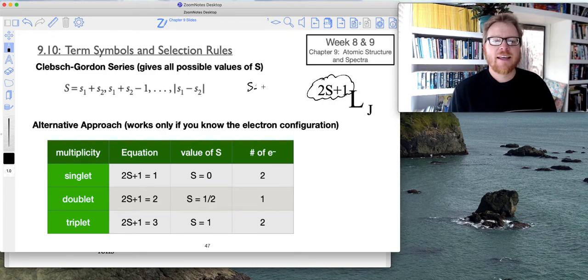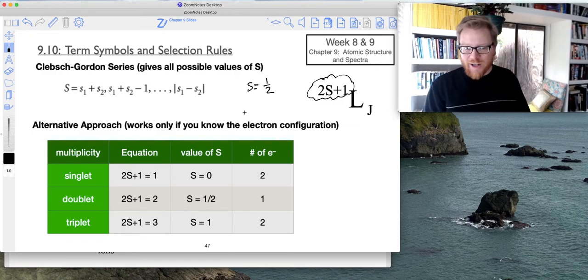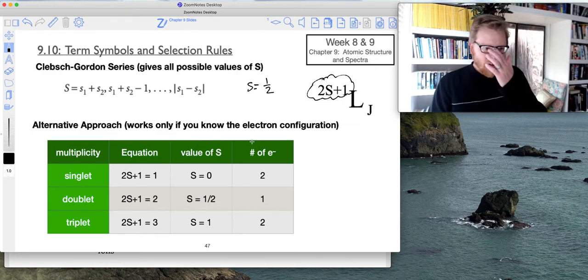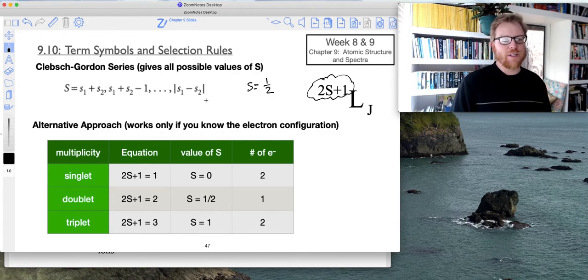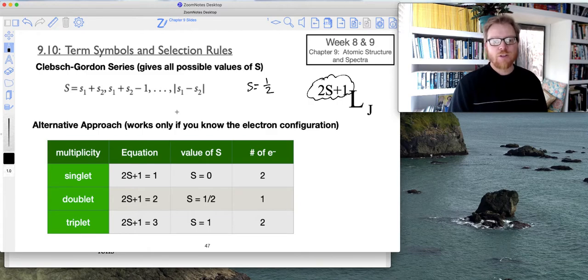And s can only be 1/2 for an electron, right? So when you start going through these possibilities, depending on the number of electrons that you get, there's only certain values that you're going to have. Basically 1 or 1/2 or 0. Okay? So let's go through that.